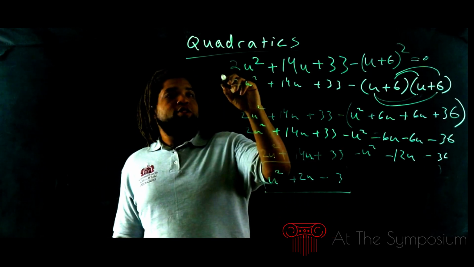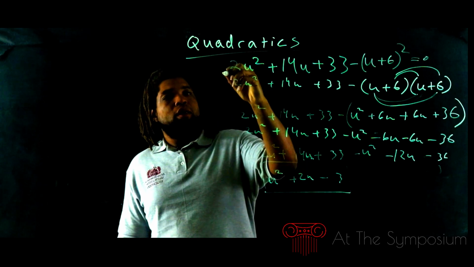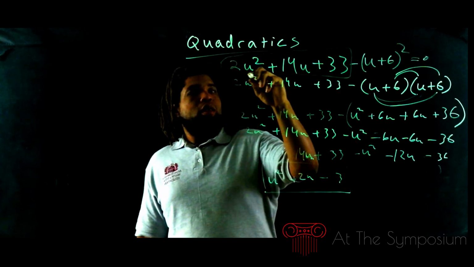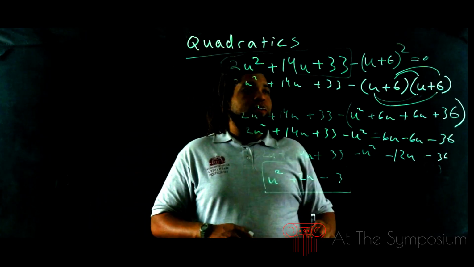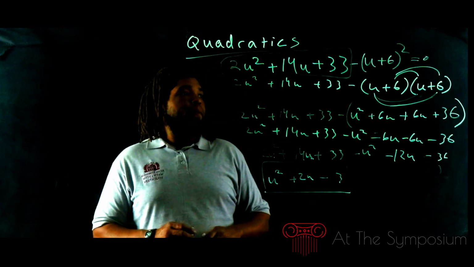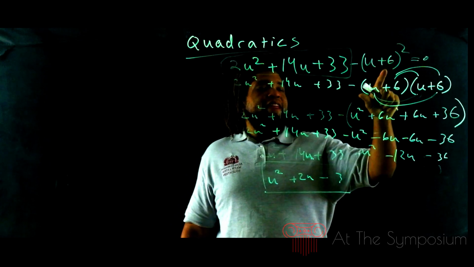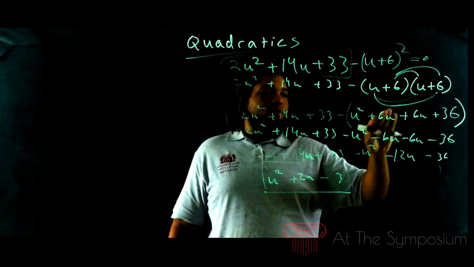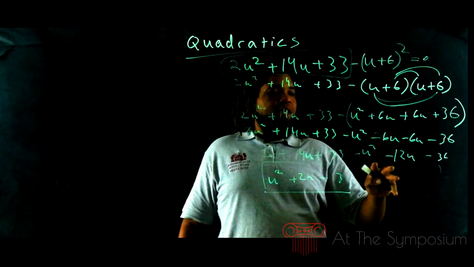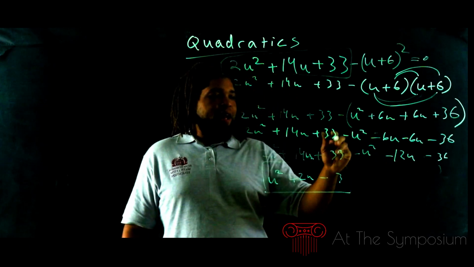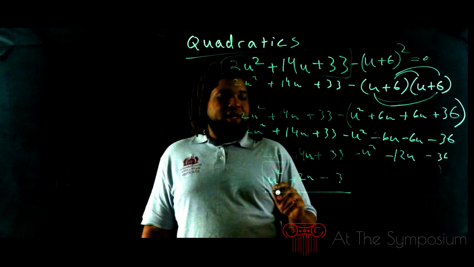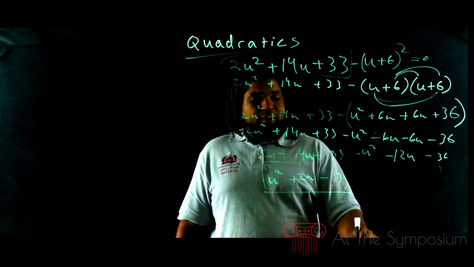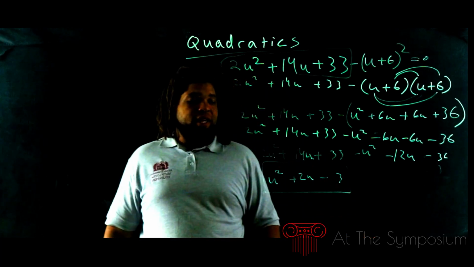First we had our quadratic form here, but it was a little bit complex because we had to unfoil this. We distributed, we added the like terms, we distributed the negative sign, and now we're left back with another quadratic. Something that we can deal with very easily now.